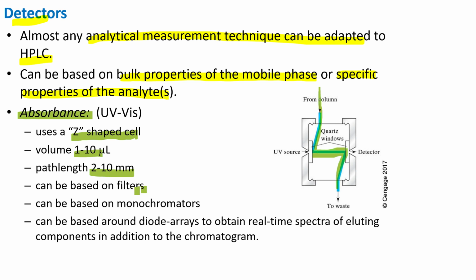They can either be based on filters on low-end instruments, but if we want tunability, we use a monochromator. If we want ultimate flexibility, like the ones they showed us at the plant, we can base it on a diode array so we can get real-time spectra as components are eluting from our chromatogram.